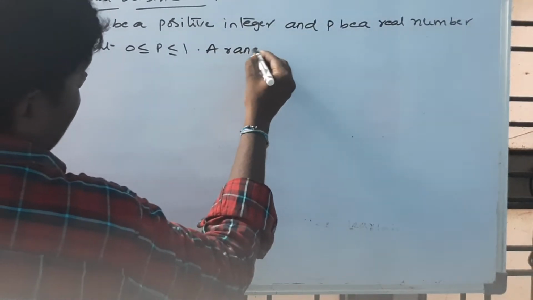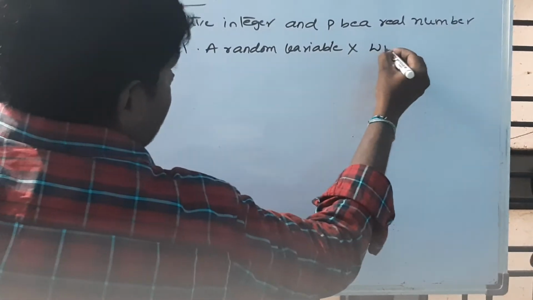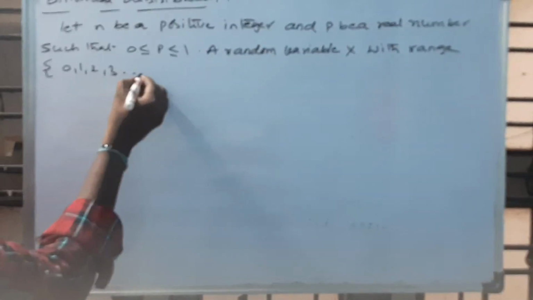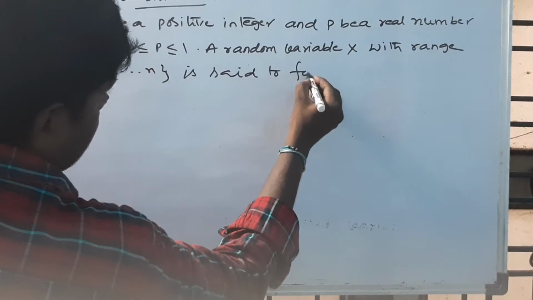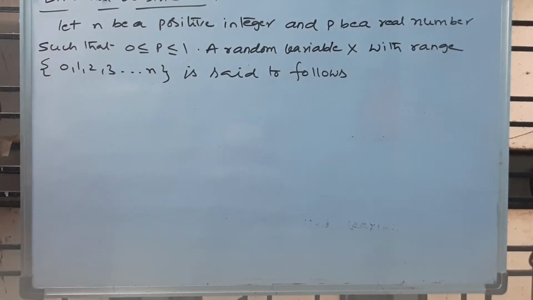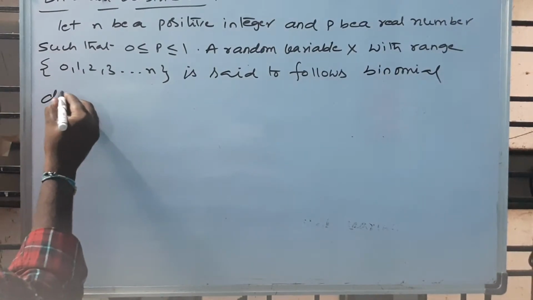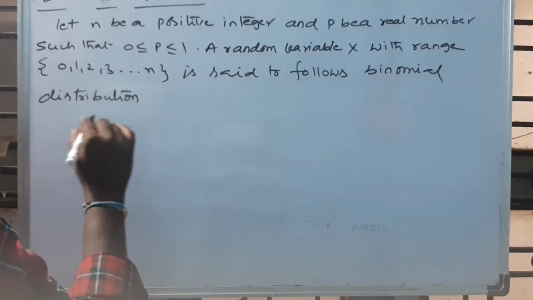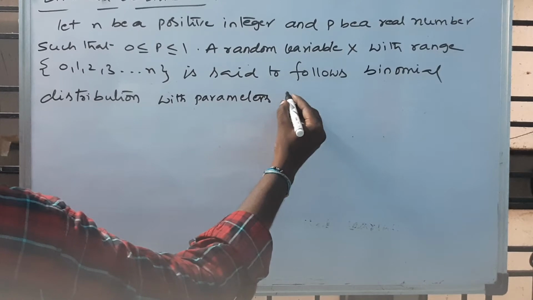A random variable x with range 0, 1, 2, 3 and so on up to n is said to follow binomial distribution with parameters n and p.